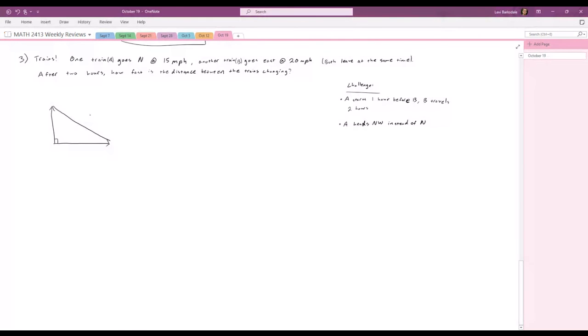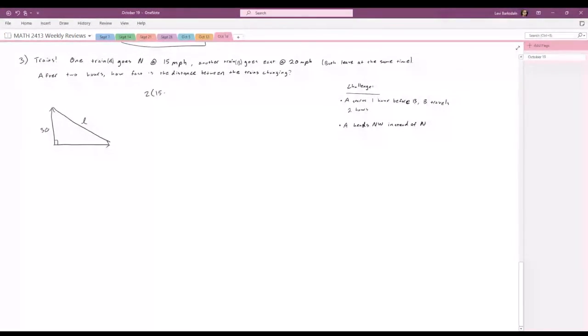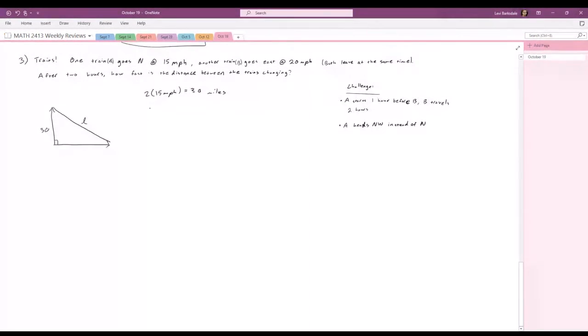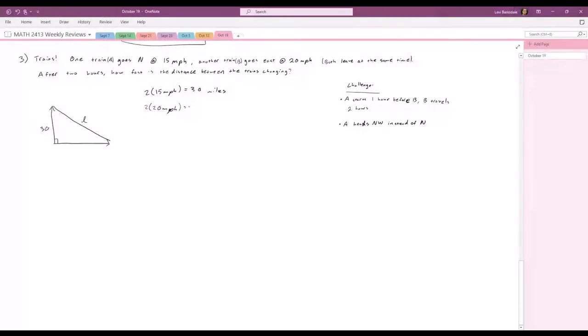And I should use something other than d. I'm going to use L for length, I guess. Well, after 2 hours, we know that train A should have traveled 30 miles because we have 2 times 15 miles per hour gives us 30 miles. And we also know that train B should have traveled 2 times 20 miles per hour or 40 miles.